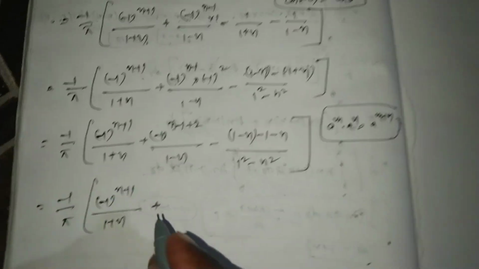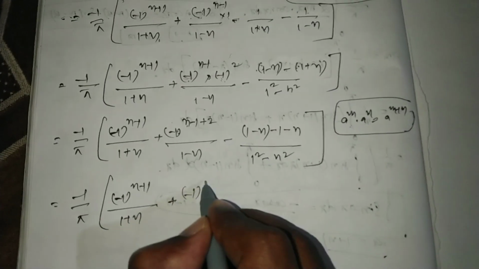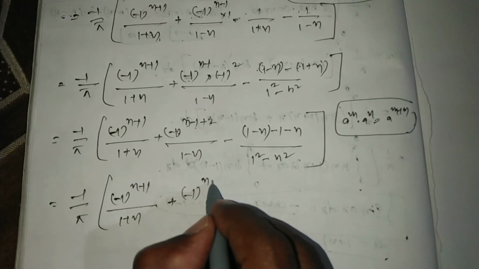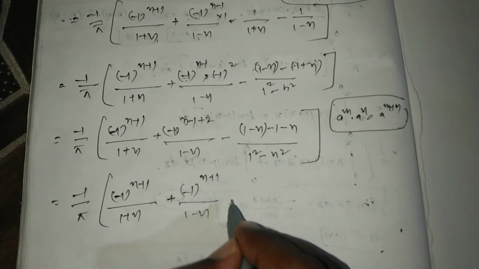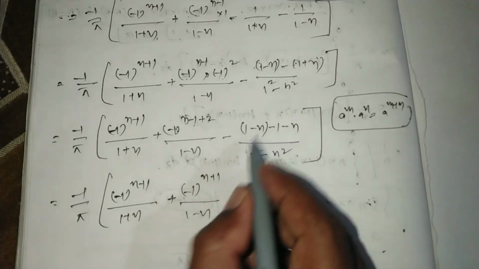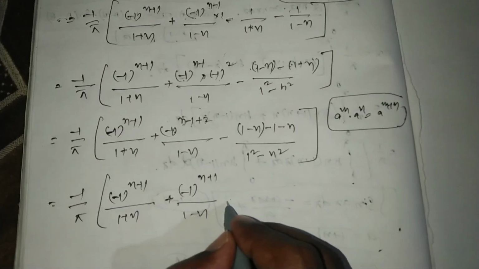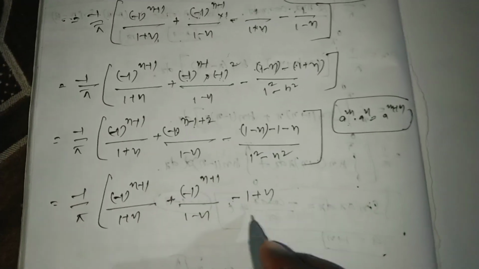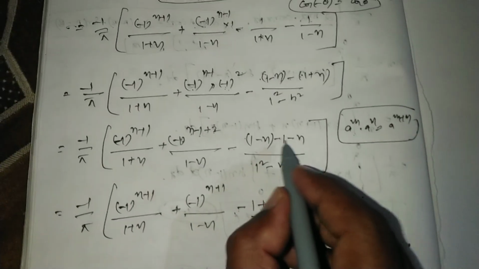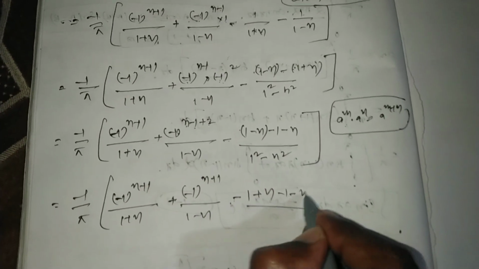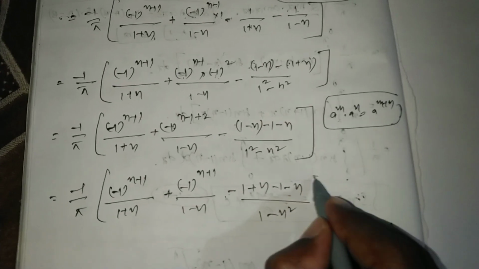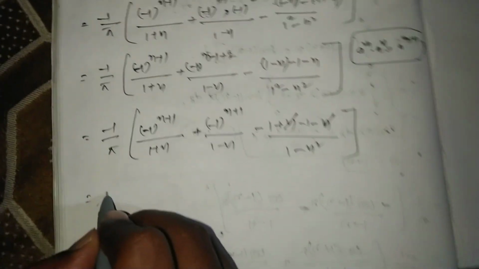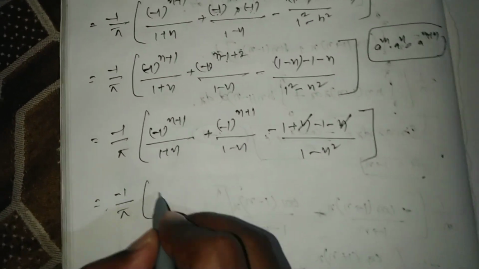So (minus 1) power n minus 1 plus 2 is plus 1 whole upon 1 minus n, the negative now multiplies with the negative, so this is a negative 1, negative into negative positive n whole by 1 minus n square, so positive and negative get cancelled, that is equal to minus 1 by pi whole into minus 1 power n plus 1.